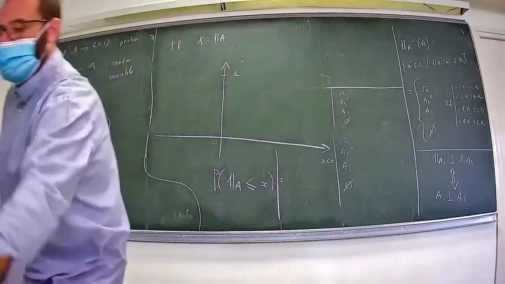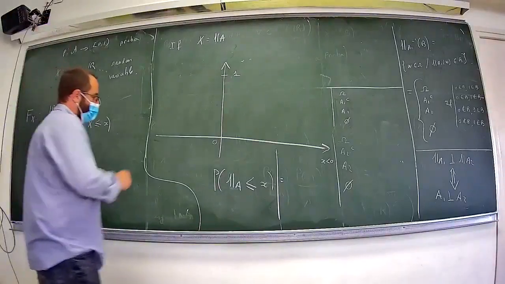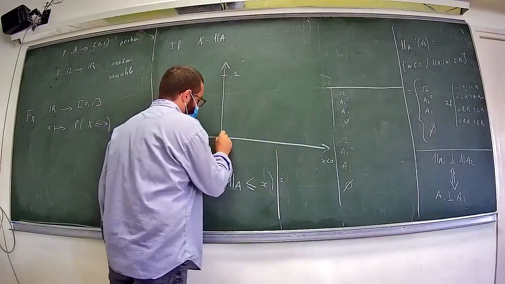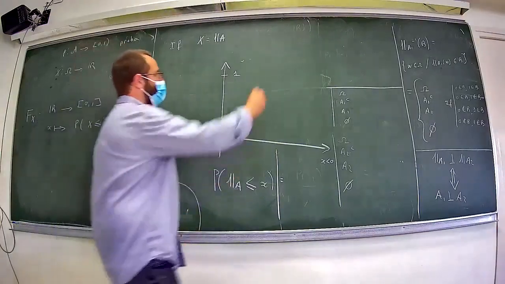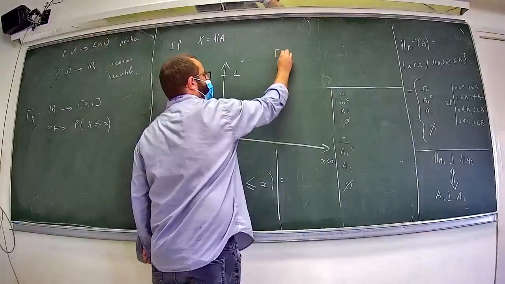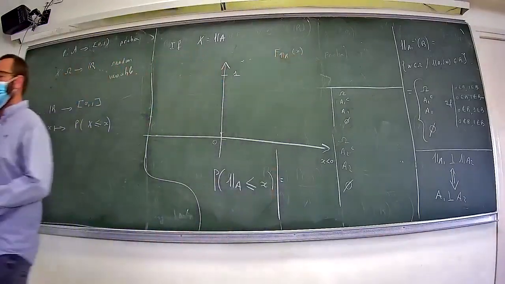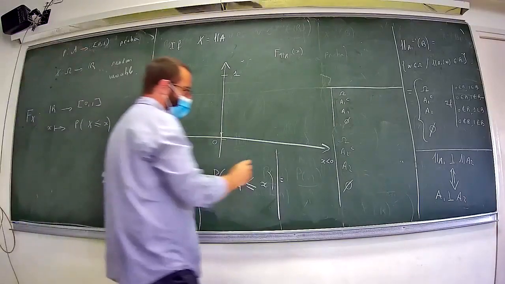It means that when x is strictly negative, my value is 0. I plot this one here.